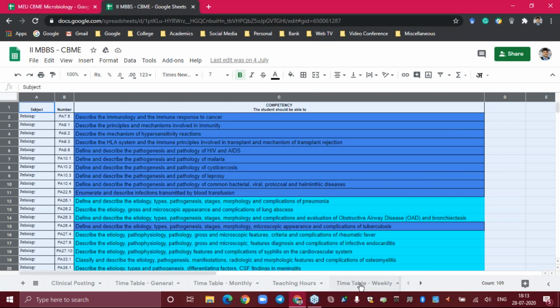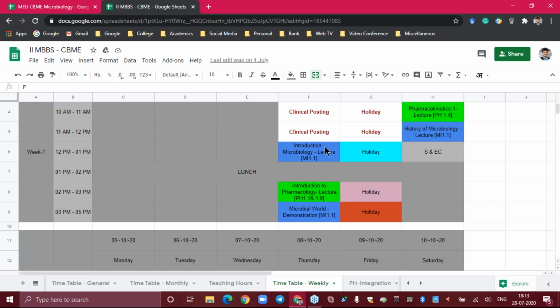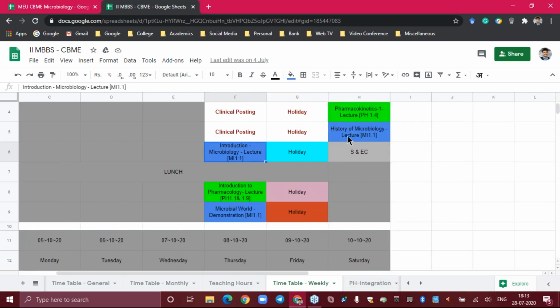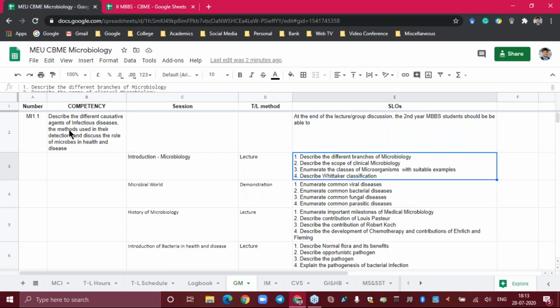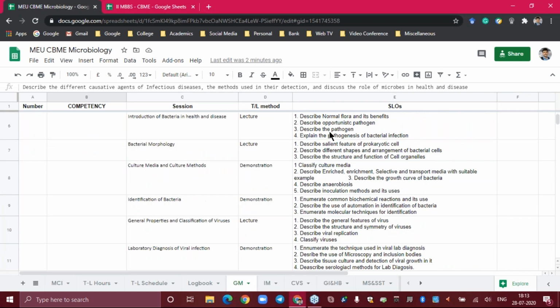When you prepare your weekly timetable, you need to put the name of a topic. For example, you can see over here, introduction microbiology lecture, history of microbiology, that is a lecture, microbial world, it's a demonstration. So remember, what we are doing over here is that one competency is now converted into various objectives, right?